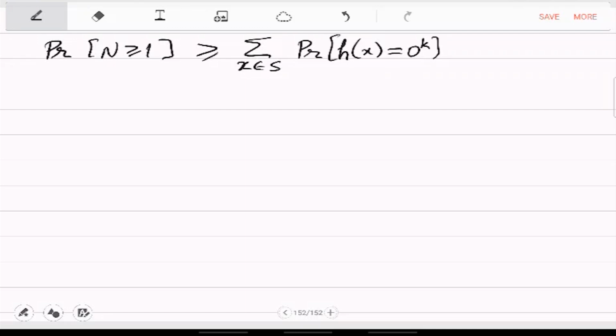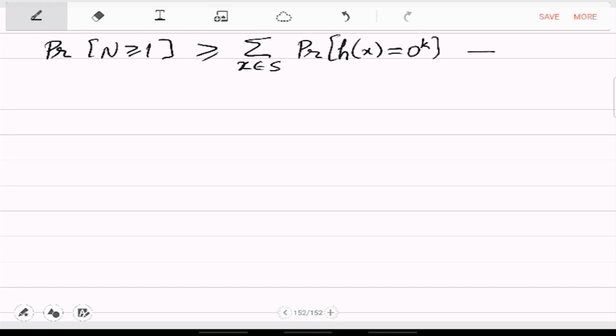But when we do this sum, we are overcounting the cases where h is mapping x and x' both of them to 0.